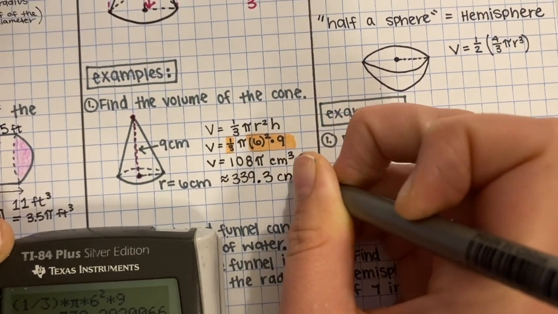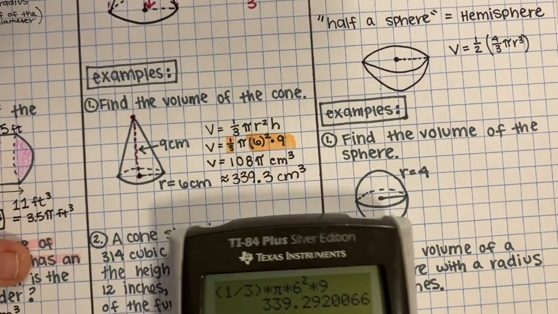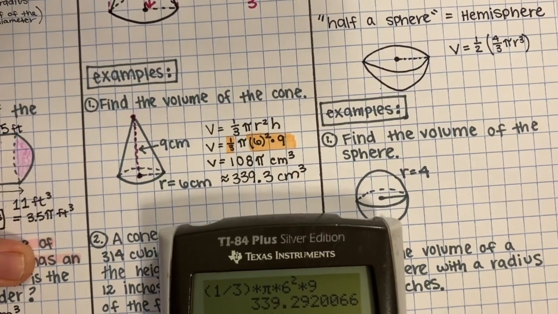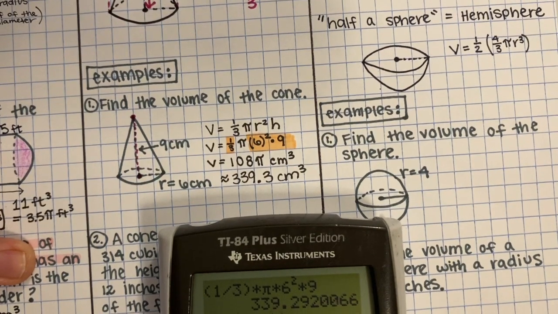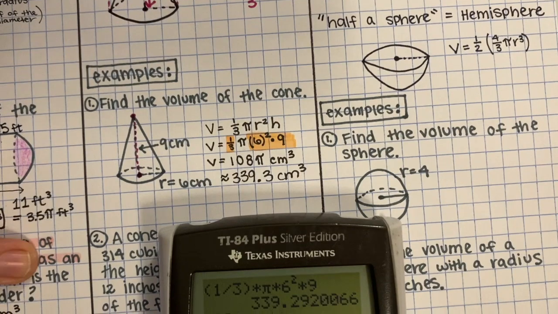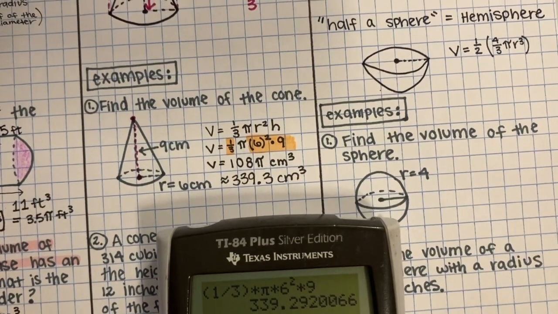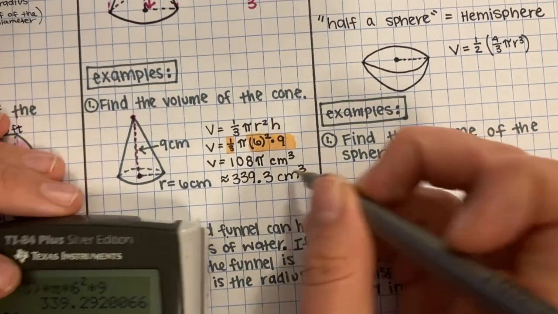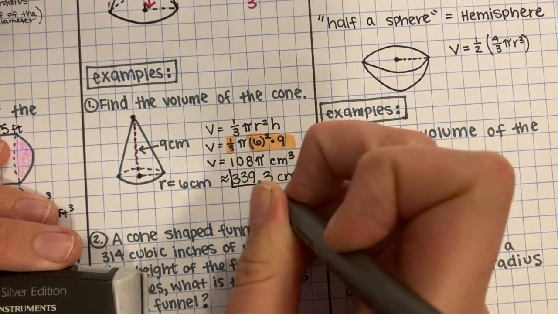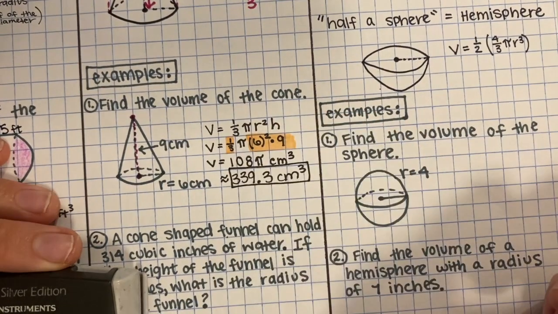You'll notice if you type in 108 pi, which is our terms of pi, it has the same value, 339.2920066. So that is the volume of that cone.